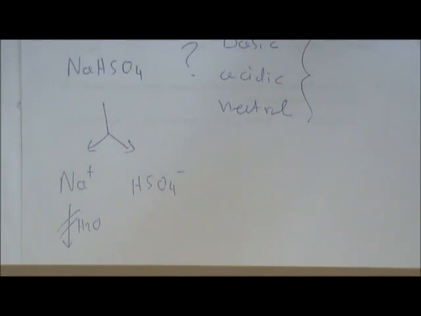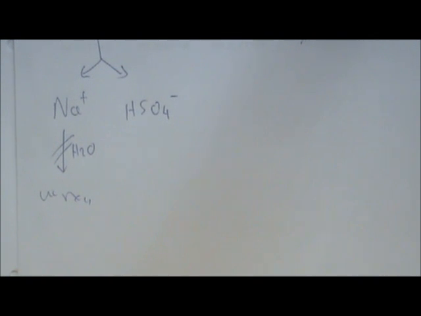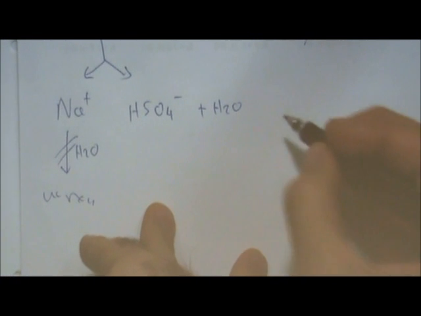So we have hydrogen sulfate. Now this one needs a little bit of thinking, because hydrogen sulfate is actually an amphoteric chemical species. That means it can go either way. It can act as a Brønsted acid, but it can also act as a Brønsted base. It can pick up a proton from water, potentially. We're looking at the possibilities.